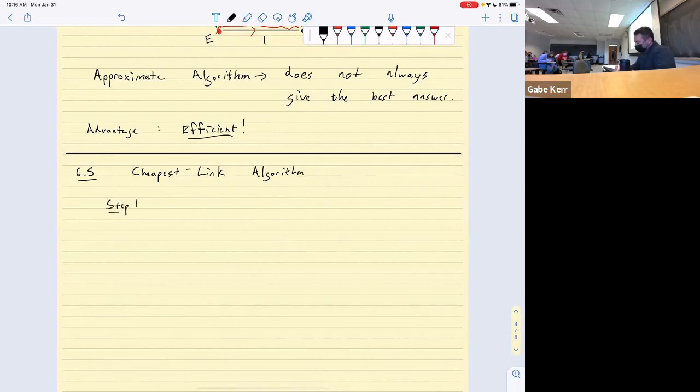First step, find the cheapest link or cheapest edge. That means find an edge that has the smallest weight. Now, it may be the case that there are several edges with the smallest weight, and then you can just choose one.